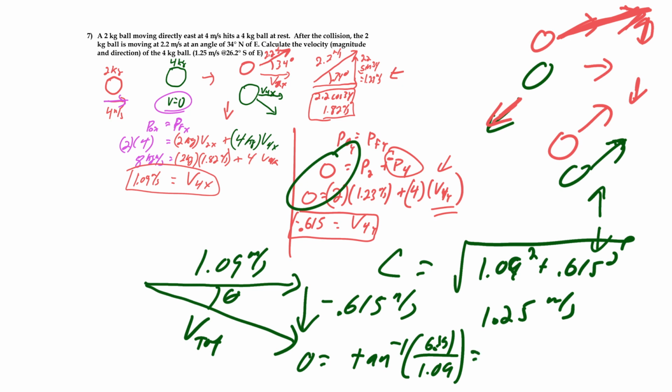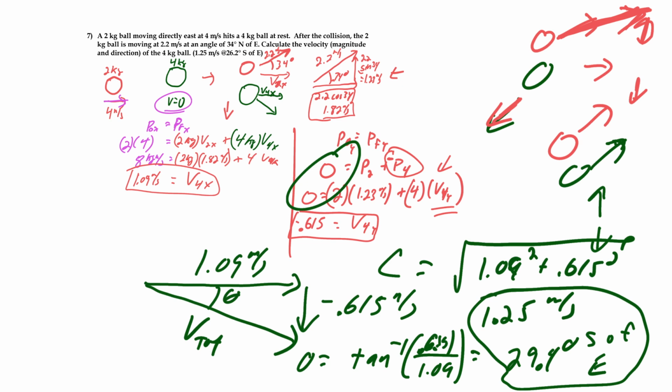Okay, so I just realized this should be 0.6, and I'm actually getting 29.4 degrees, and we'd call this south of east. So I notice it's slightly different from the answer key. Sometimes there's rounding errors, but as long as we're close, we know we did it right. All right, let's move on to the next one.